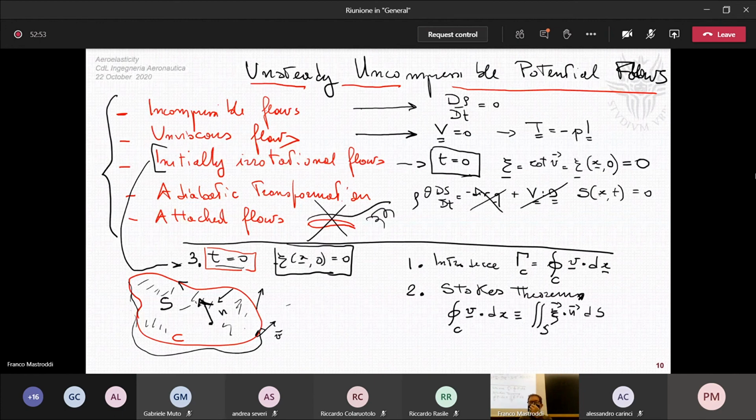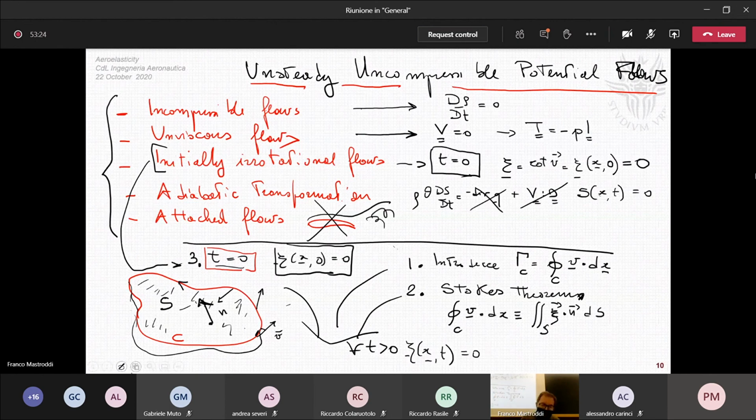If the flow is irrotational at the beginning, then after 1, 2, and 3, it will be potential at any time. For any time greater than 0, zeta should be equal to 0 at any time.